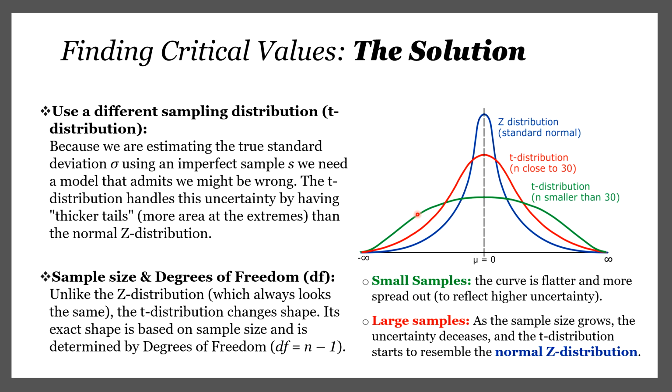This makes it harder to reject the null hypothesis. So the logic is that a small sample size will result in a poor estimate of sigma, and to compensate for that uncertainty, we use a different distribution that's flatter, more spread out, and more conservative, which makes it harder for us to reject the null hypothesis.